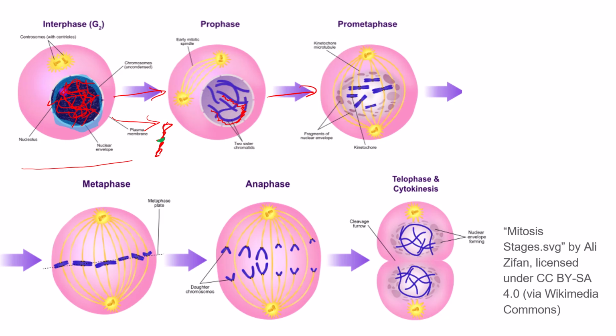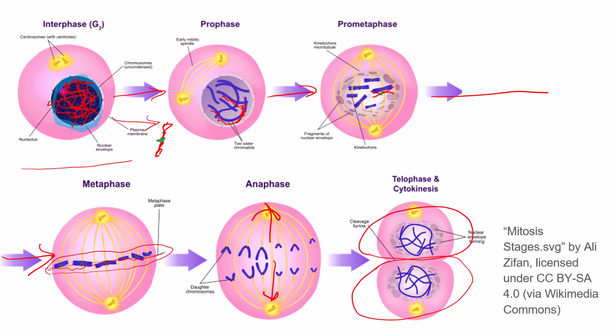Sorry, I wanted that to be red. The centromere is holding together two sister chromatids. Then the next step over here, the chromosomes are all lined up, and then it gets split down the middle, and one copy goes to this cell, the other copy goes to the other cell, and now we have two new cells, and each one has all the DNA that it needs to live.